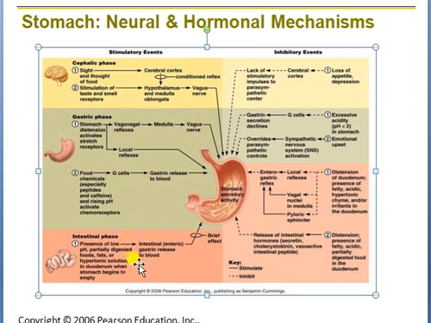And one more important point is when the food material, that is chyme, formed in the stomach enters the intestine, the secretin hormone is released. This secretin hormone inhibits the gastrin hormone. So these are inhibitory events.